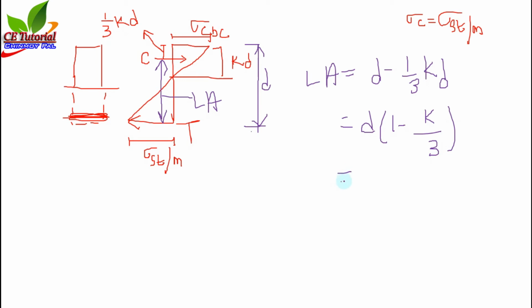So generally we said that this is JD. So J equals nothing but 1 minus K by 3. Okay, J equals nothing but 1 minus K by 3.